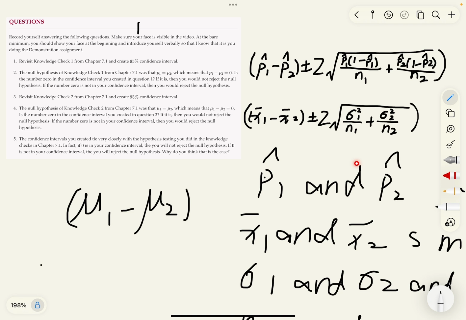Okay, for question 5, I think the confidence interval gives a range of possible values for the population parameter.